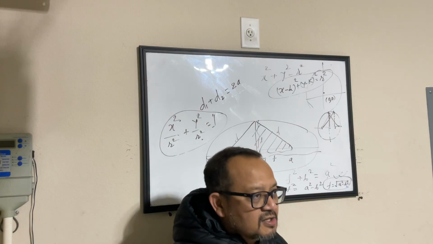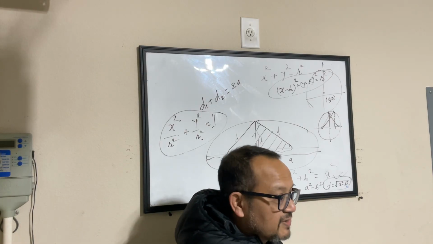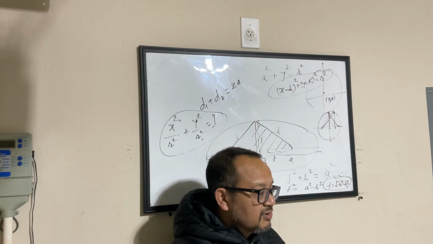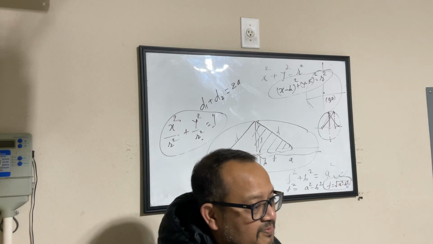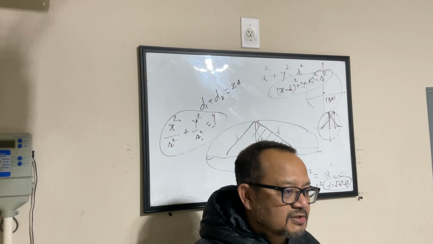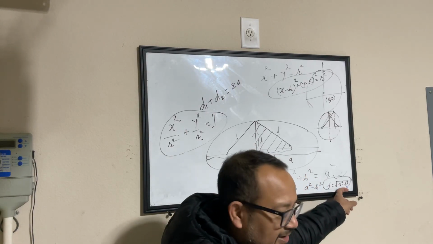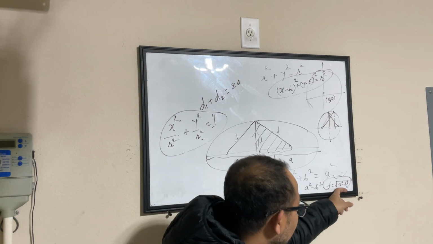Good thing is in the circle scenario we don't deal with foci, but as far as the property is concerned, you can certainly apply that and see if foci holds true in case of a circle also or not.